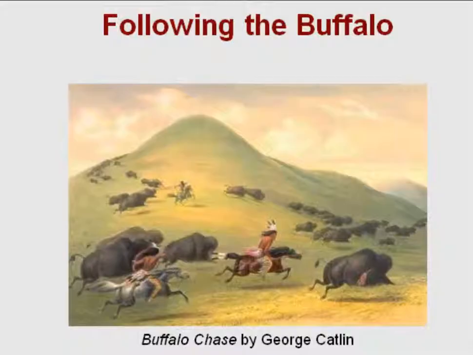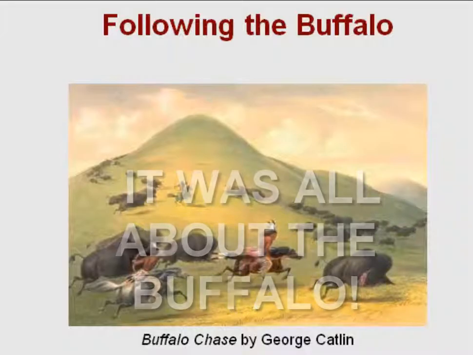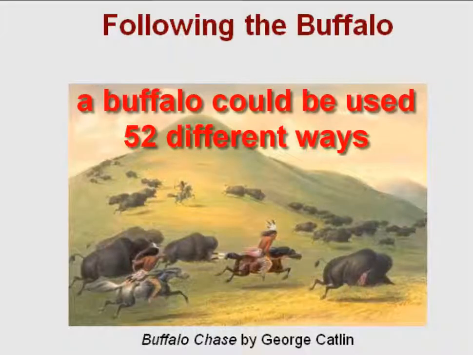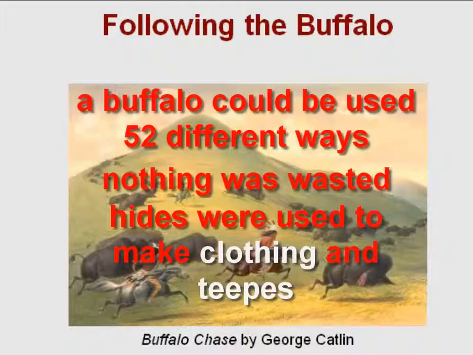Now, if you want to understand the lives of the Plains Indians, you have to understand the dependence on the buffalo. It was all about the buffalo. It was said that a buffalo could be used 52 different ways by a tribe and that nothing was wasted. The hides were used to make clothing and teepees.